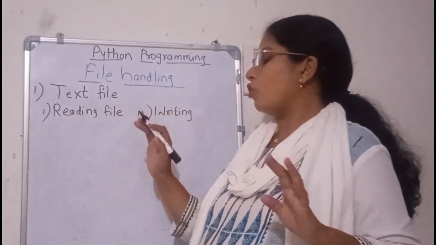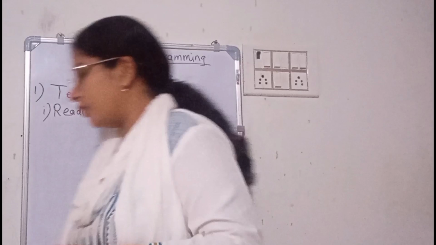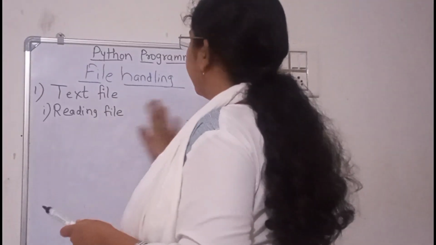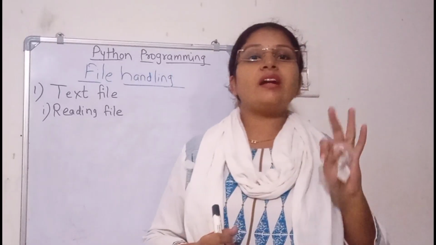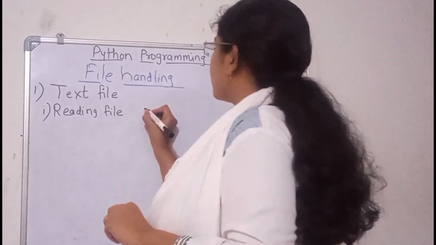So these are the two operations of text file. First we will see reading a file. Now when you are reading from the file, there are three methods. First is read.